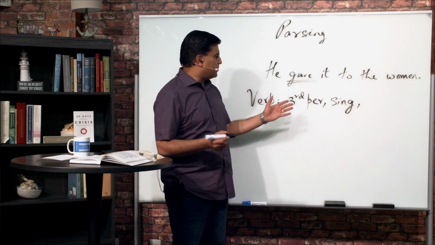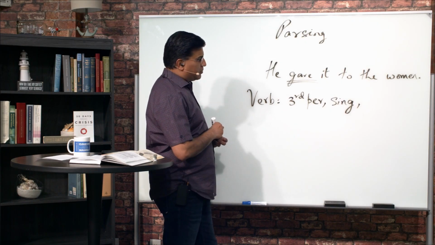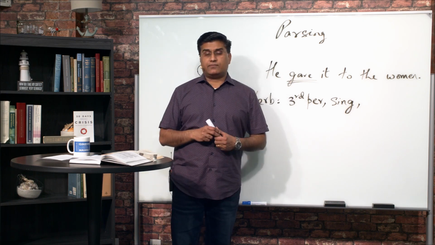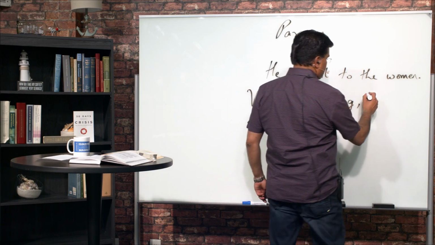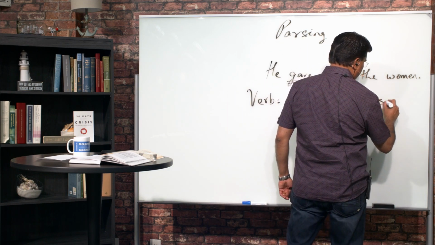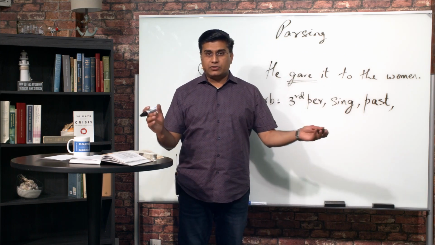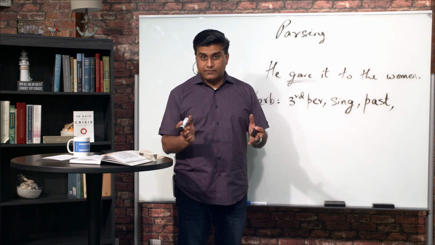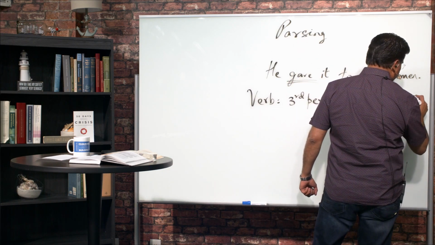What else can we say about the verb gave or he gave? We know that it's third person, it's singular. Gave, it's past tense. So let's put that down, past. What else can we say about it? It's a declaration, so it is indicative. Past tense, indicative.